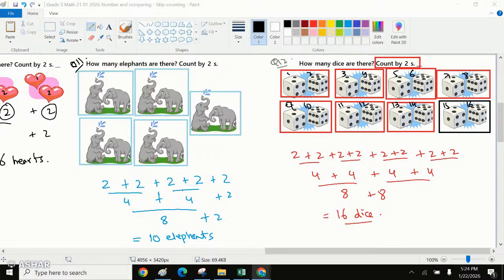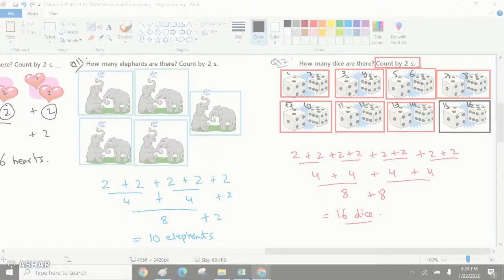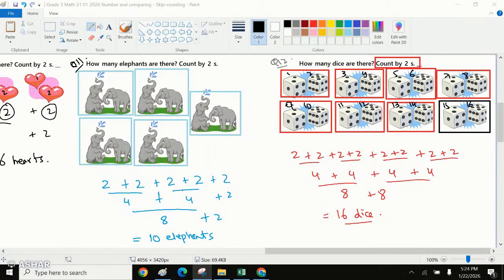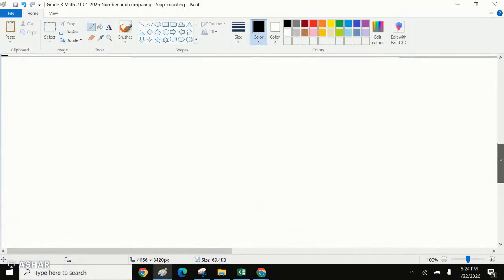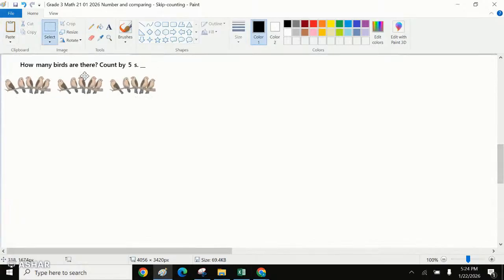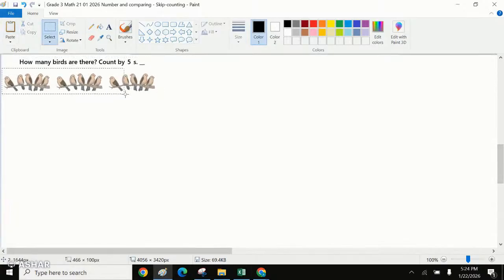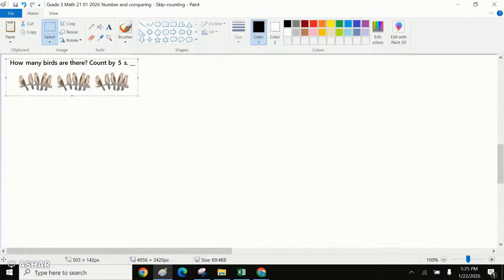Having a look at the next question. Okay, this is good. How many birds are there? We need to count by fives. Okay. Let's say the 13. We need to count by fives. So how many birds are there?